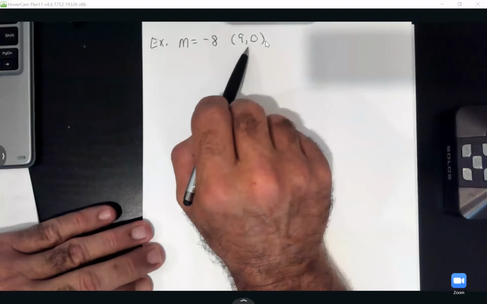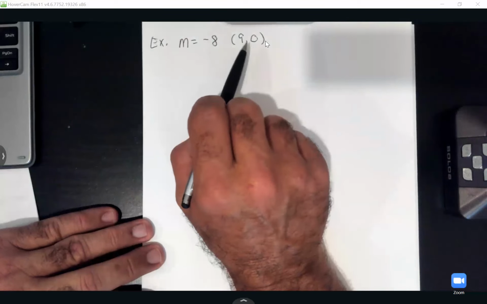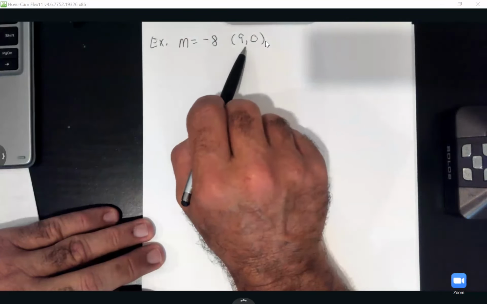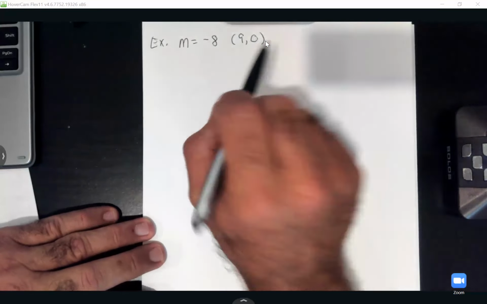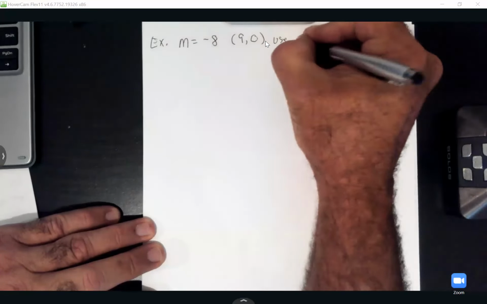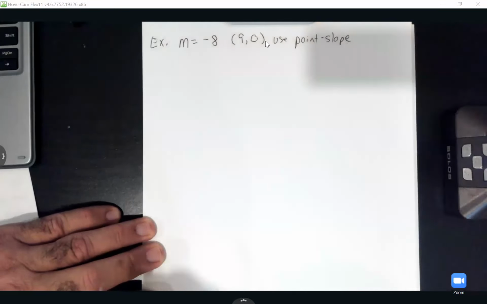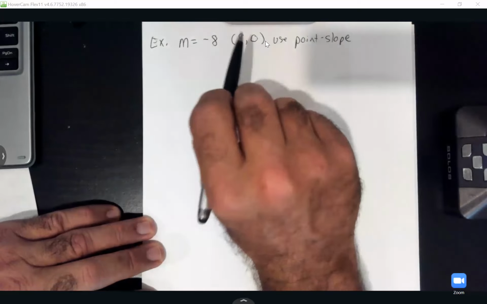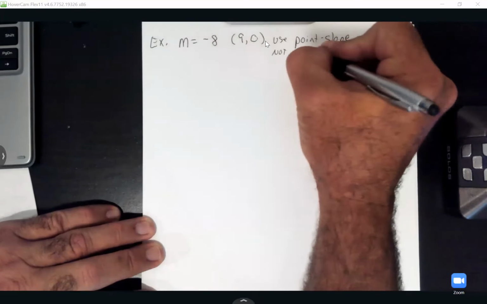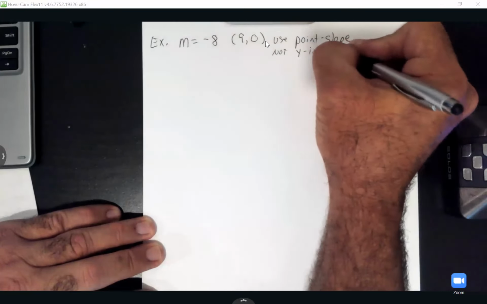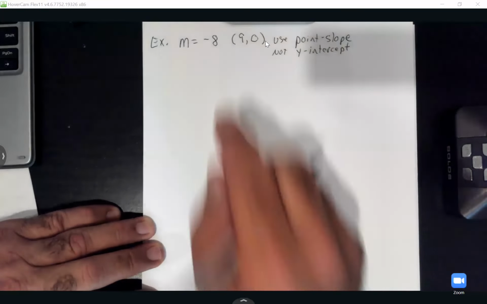They're trying to make you think you got a y-intercept, but this is not the y-intercept. This is an x-intercept. So that means since it's not the y-intercept, we got to use the point-slope formula again. So remember, that's not the y-intercept. The y-intercept would be (0, 9), not (9, 0).